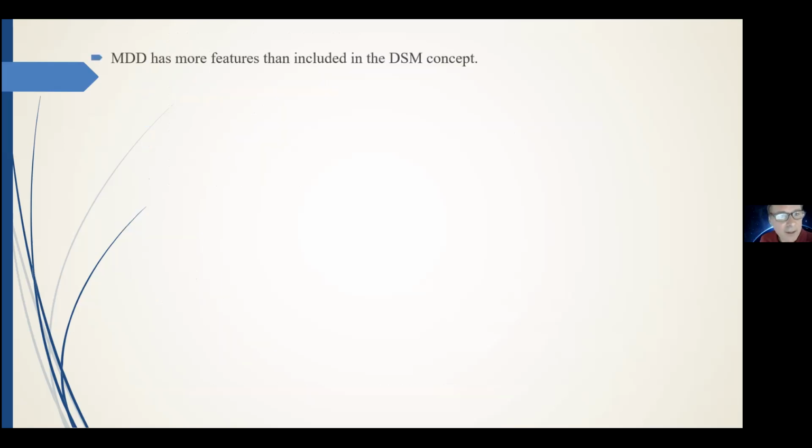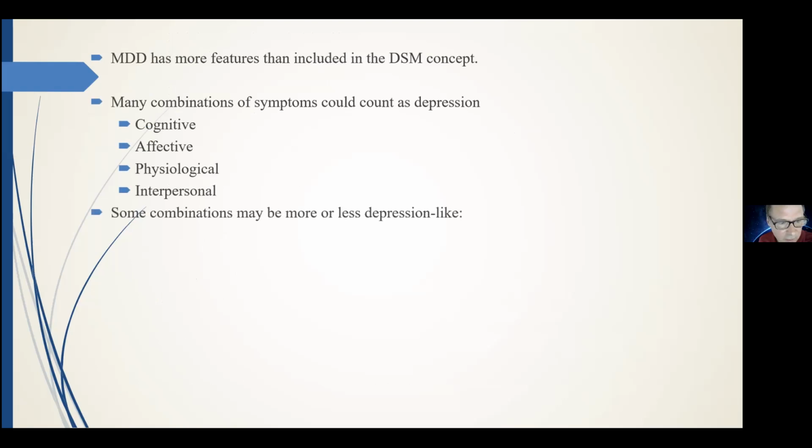And so the idea, as I've been saying, is that major depressive disorder has more features than are included in the DSM concept. And many combinations of symptoms could count as depression. So you have these classes of symptoms. In the cognitive class, you could have concentration problems, indecisiveness, and depersonalization.